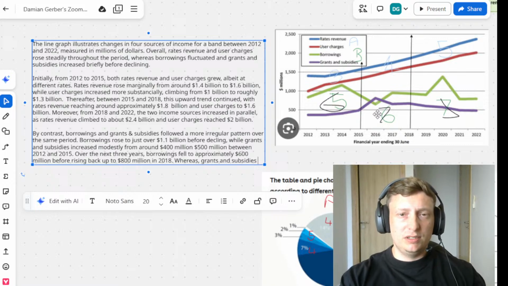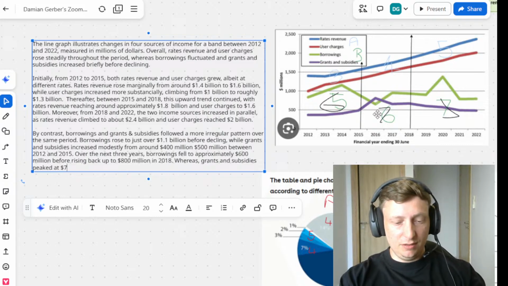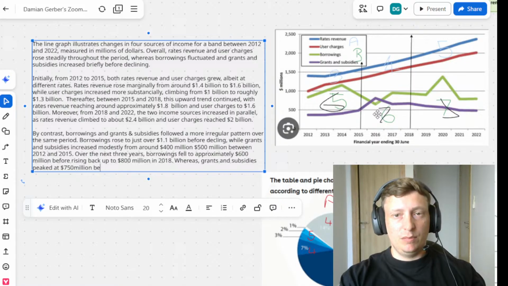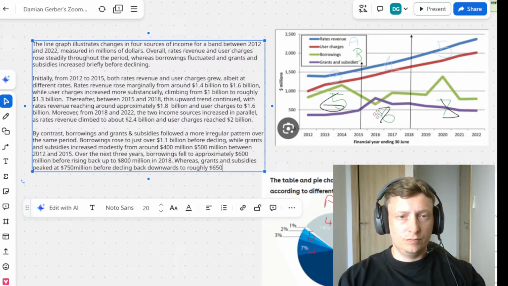So whereas grants and subsidies peaked at 750 million before declining back downwards to roughly 650 million in 2018.